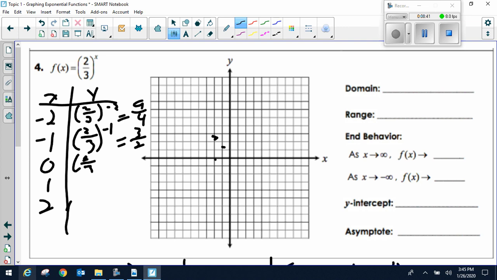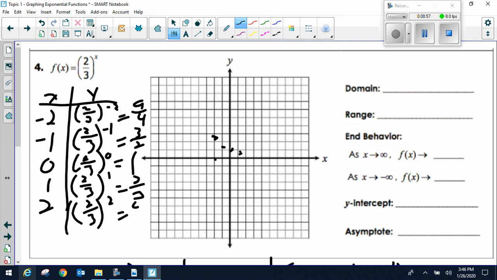Anything again to the 0 power is always 1. 2/3 to the 1st is just 2/3. And 2/3 squared would be 4/9, which is a little less than half.